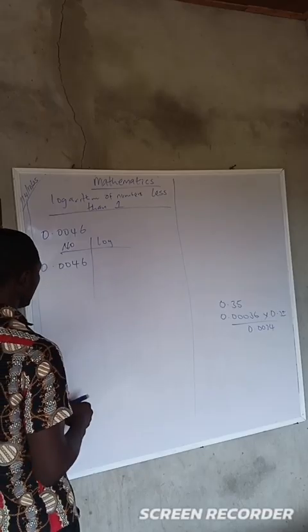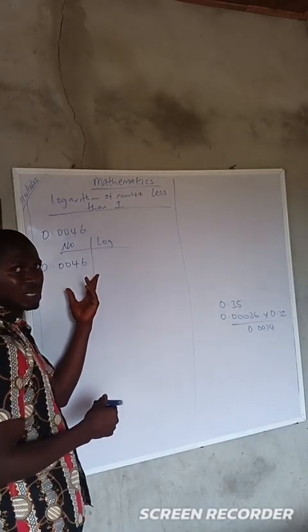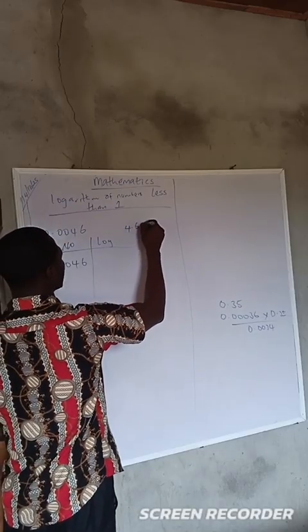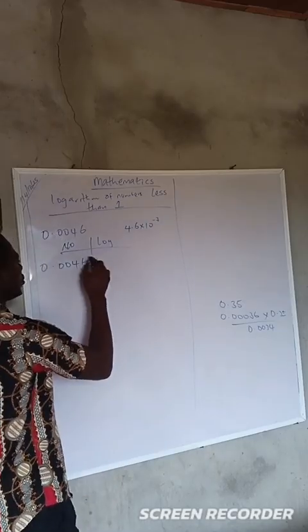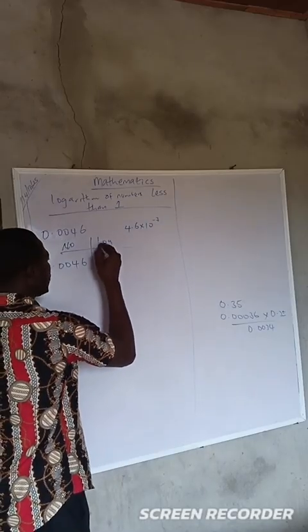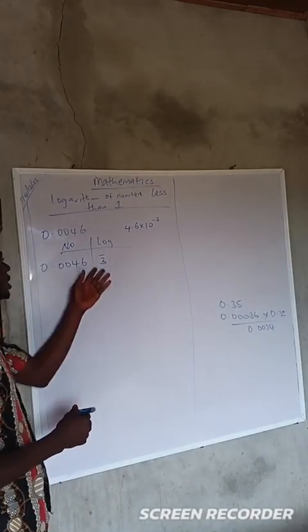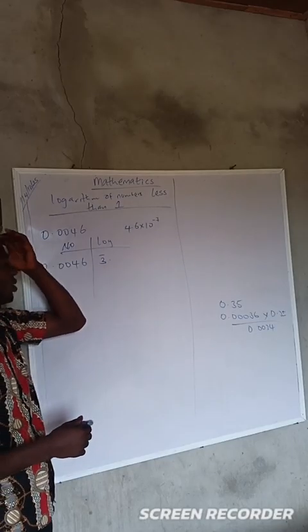When you look at it, expressing this number in standard form is going to be the same thing as 4.6 times 10 raised to minus 3. So that minus 3 will go for the bar. You have bar 3 point something. This bar is the same thing as the minus 3 raised power that you have here.